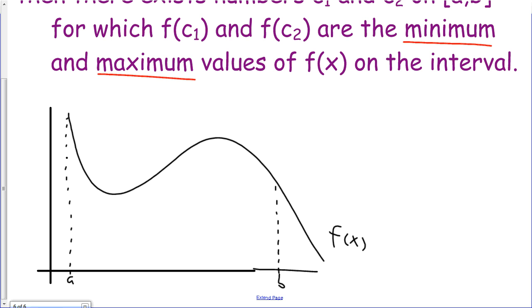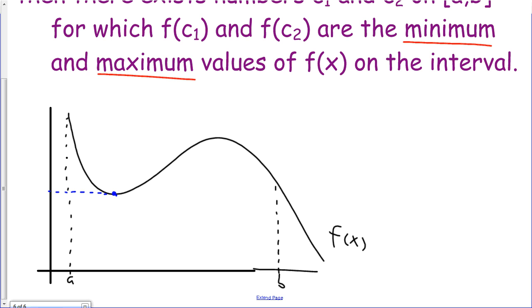If I've got a continuous function on the interval from a to b, which I've got here, on the closed interval, including a and b, it guarantees that at some point I hit my lowest value, which actually turns out to be pretty close here, but when I look at the lowest value, looks like the lowest I get is right here.